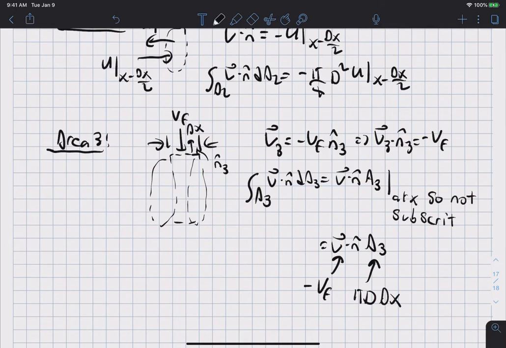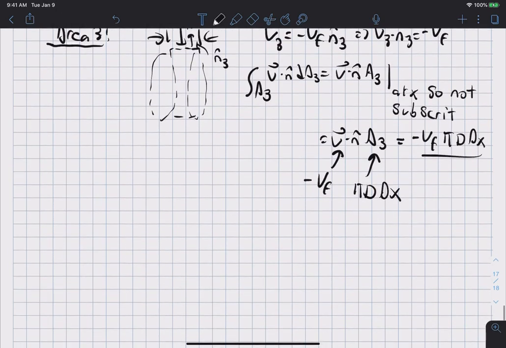And so the integral of that is just equal to minus Vf pi d delta x. Okay, so we now know all surfaces of the control volume. So now we just put everything together.